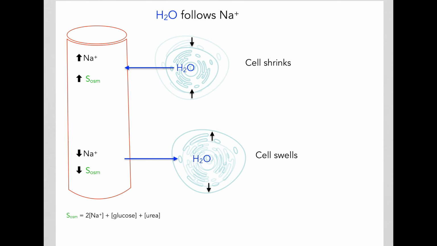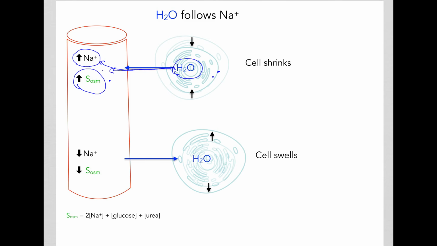So for example, if there is high sodium outside, that means the osmolality will be higher outside in the bloodstream, let's say, compared to inside the cells. And if the osmolality is higher outside compared to inside the cells, water will always go from a low osmolality, in this case inside the cell, to a region of high osmolality, in this case in the bloodstream. So the water will follow the sodium.